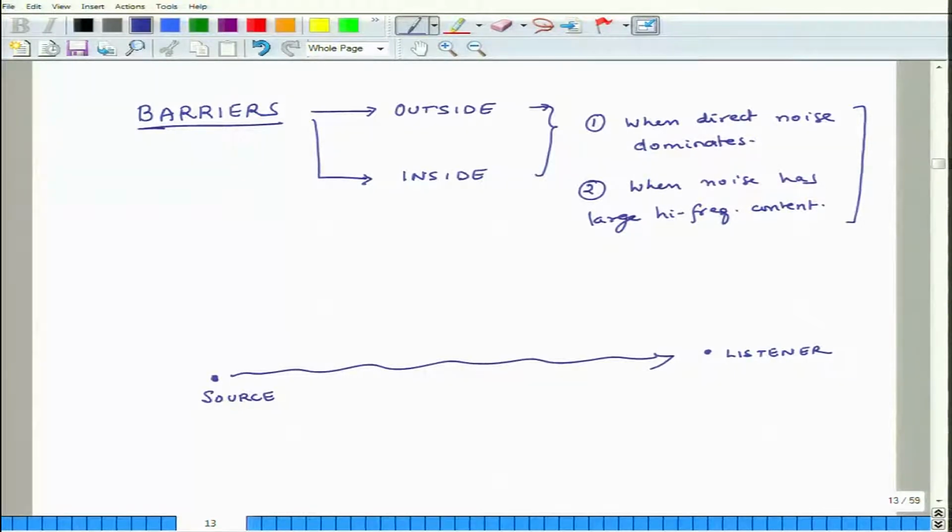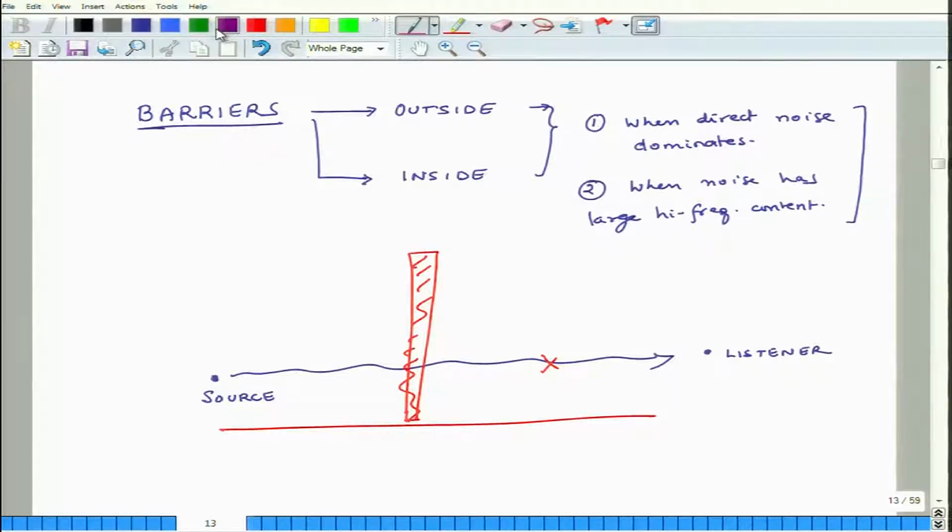So, this is direct noise. Once I put a barrier, this direct transmission gets stopped, and then noise reaches the listener in two ways.